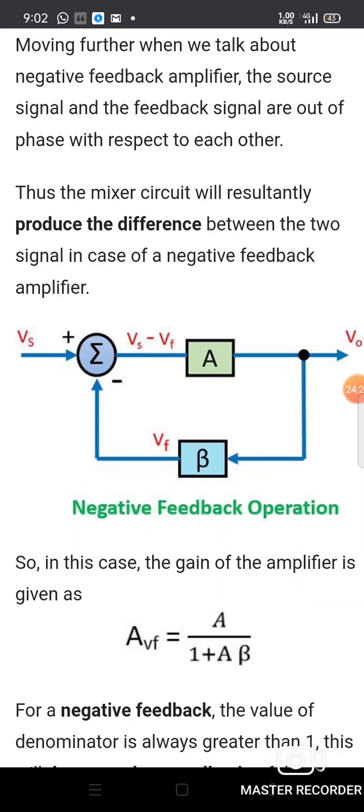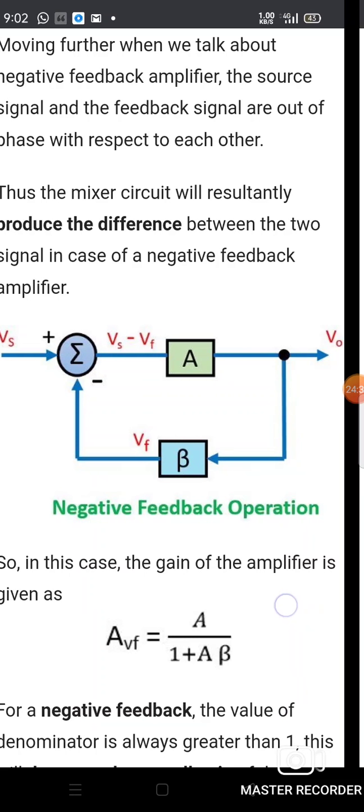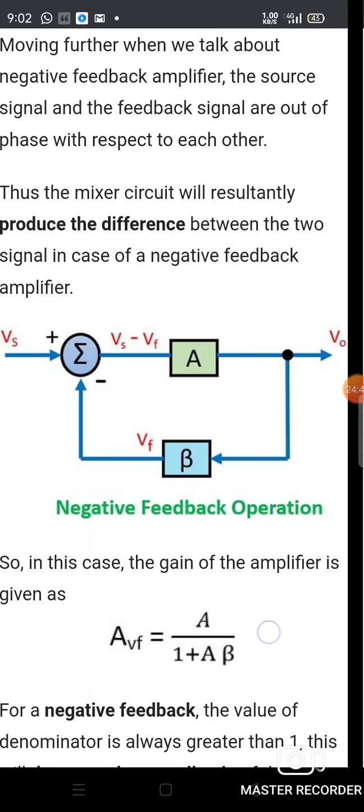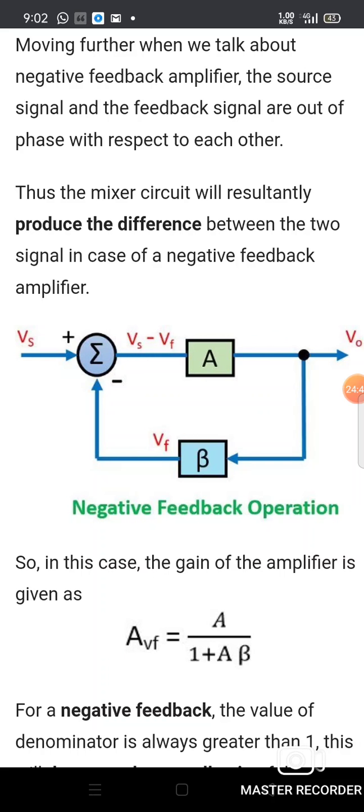Sometimes they will ask to derive the gain of the amplifier with negative feedback or with positive feedback. You have to take these two equations based on whether the feedback connection is negative or positive.